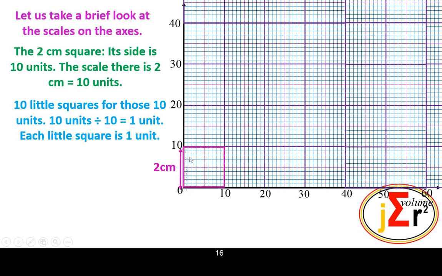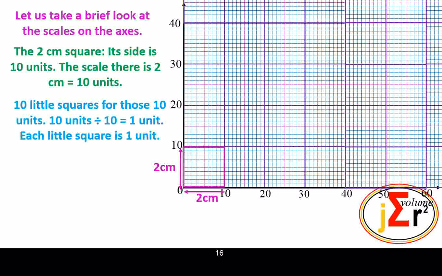So we have 10 little squares in 2 centimeters and 2 centimeters to 10 units. 10 units, 10 little squares, each little square is 1 unit. So that's obvious. 10 units divided by 10 is equal to 1 unit. Each little square is 1 unit.